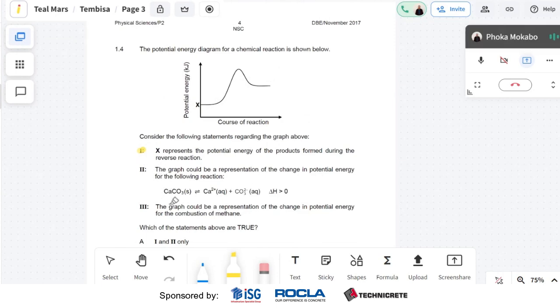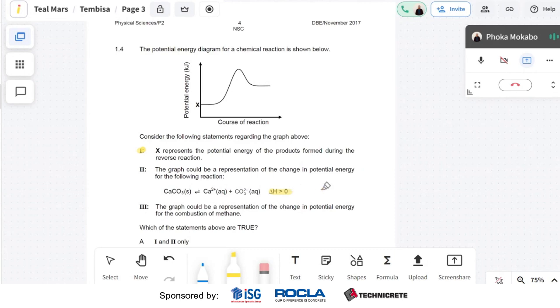Now, point 2 says the graph could be a representation of the change in potential energy for the following reaction. Okay, calcium carbonate breaks down to form calcium as well as carbonate ions, both in aqueous form. Right, and they say that because of this, we now know that the reaction itself will be endothermic because delta H is greater than 0, so therefore it is an example of an endothermic reaction.